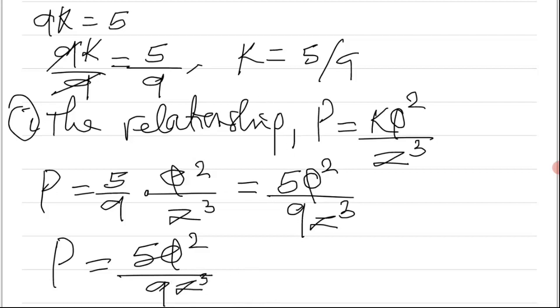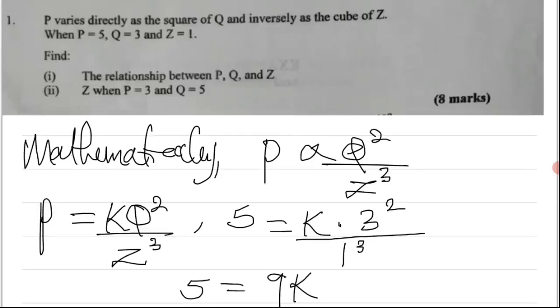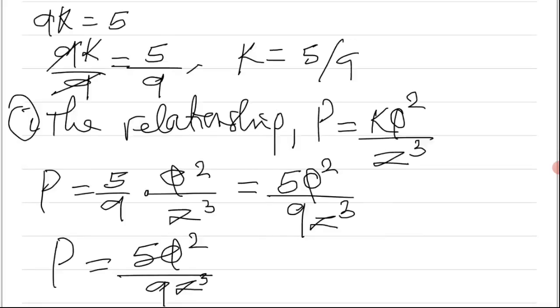Now what is the next question? It says find the value of Z when P is equal to 3 and Q is equal to 5. So you substitute the values. P is 3, and we already know the K is 5 over 9, and we are given the value of Q to be 5.